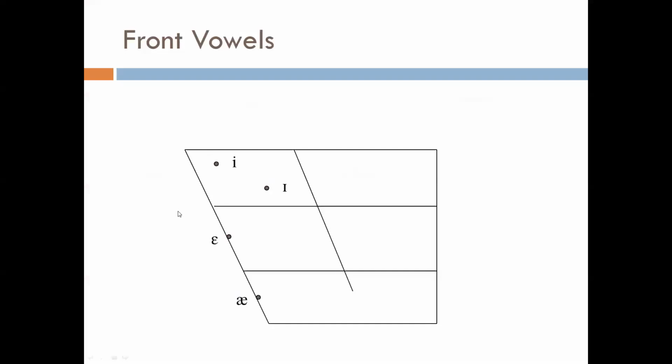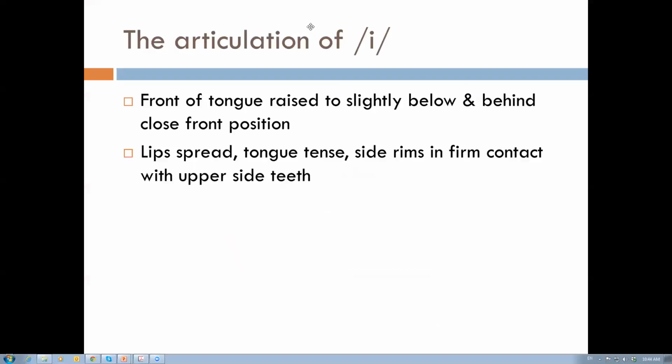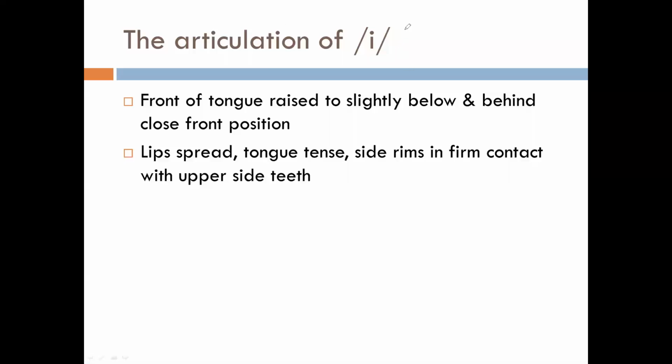All right, our first vowel is E, and there we go. So you can see the symbol. And this is how E is produced.